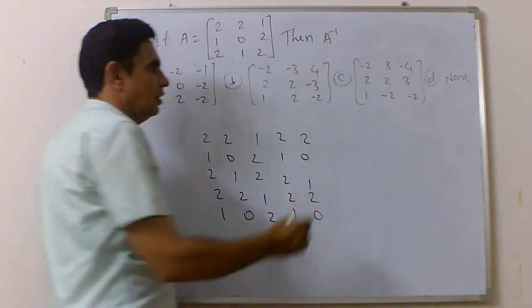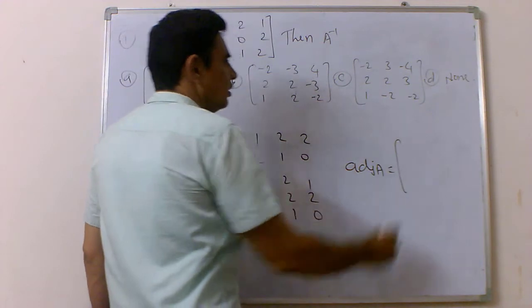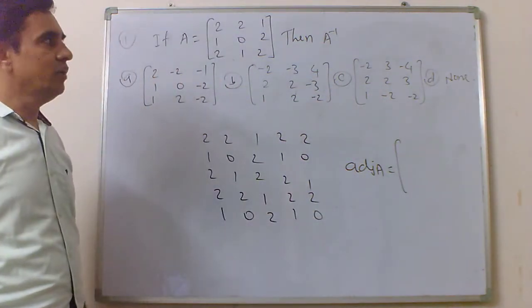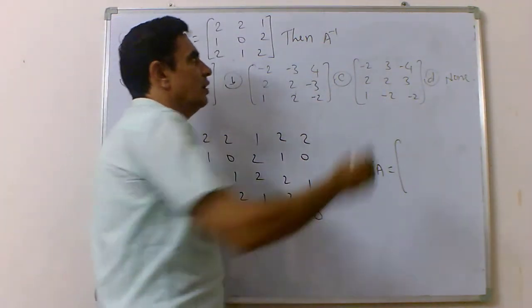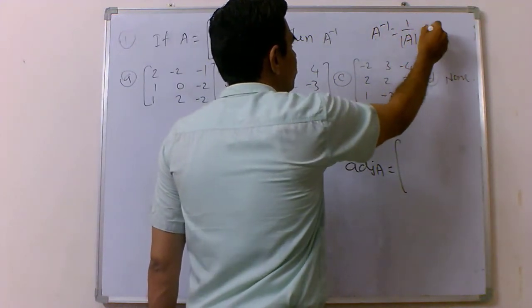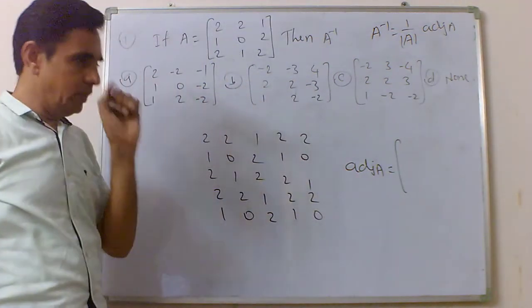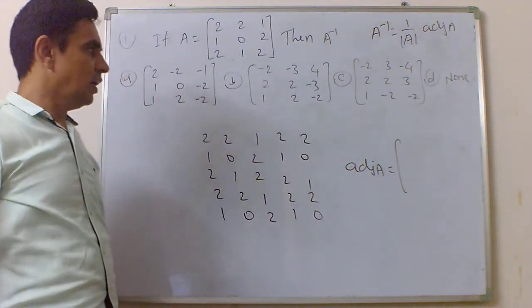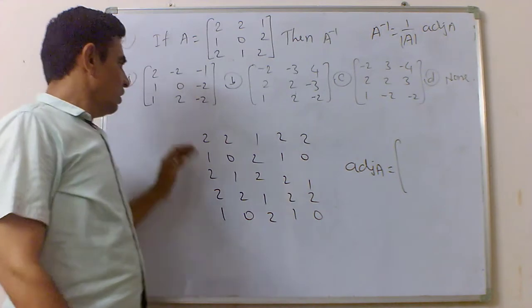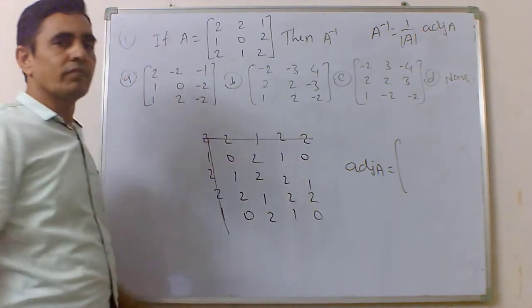Now adjoint of A. We know the formula to find the inverse of a matrix: A inverse is equal to 1 by determinant of A into adjoint of A. First of all we find adjoint of A, then find determinant of A, and we get the answer. Adjoint of A is equal to, now eliminate this row and this column.